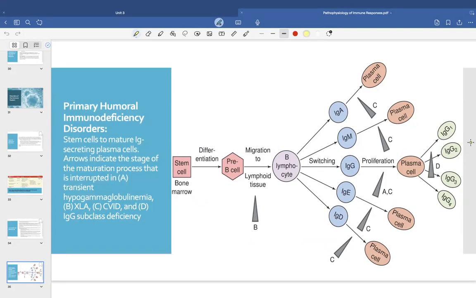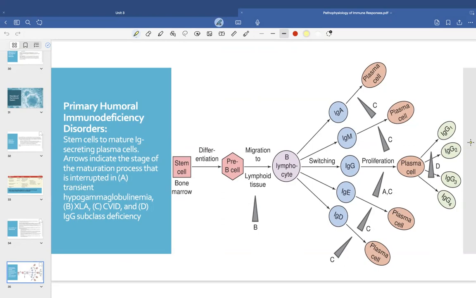Okay, so A transient, A is all the way over here. So it's not as big of a deal. B is here. So A is way over here.